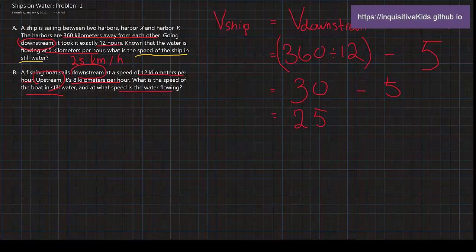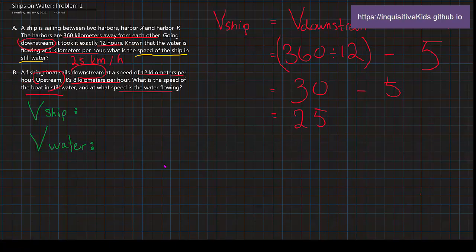We are trying to find the velocity of the ship itself in still water, and we are trying to find the velocity of the water.